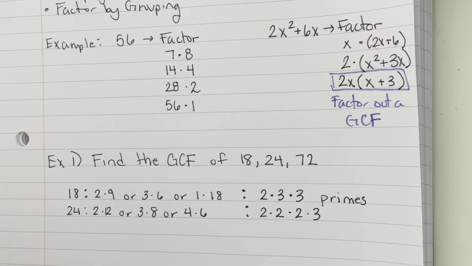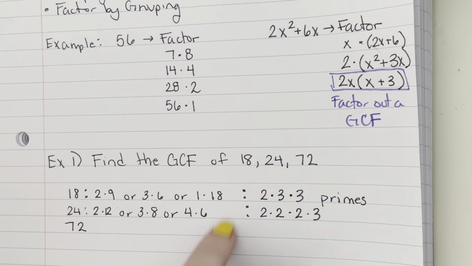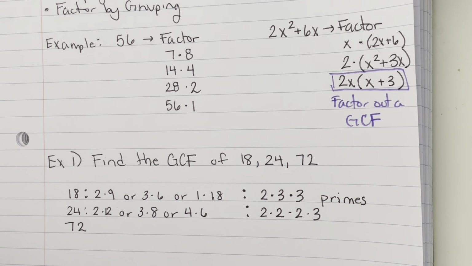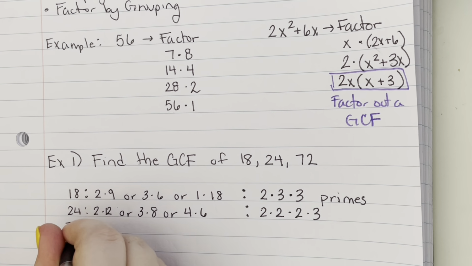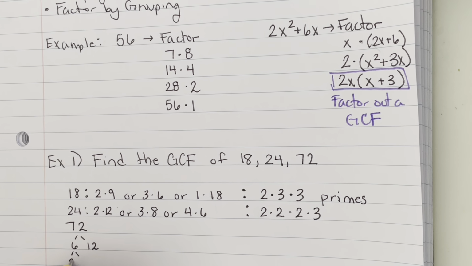72 is going to be the most difficult because it's got a lot of factors. So with 72, I'm going to take a different approach. I'm not going to list everything that multiplies to be 72. I'm going to do a factor tree to find the prime factors that make 72. So 72, I know, is 6 times 12. 6 is 2 times 3.